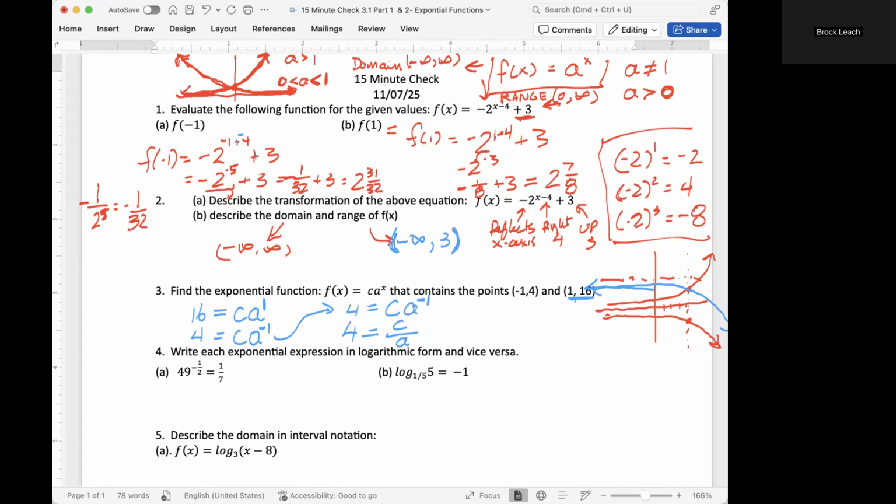So let's solve for one of these variables. I'm going to solve for A. Since A to the 1 is just equal to A, if I divide both sides by C, A would be equal to 16 over C. Now I'm going to take this and plug this into the second equation.